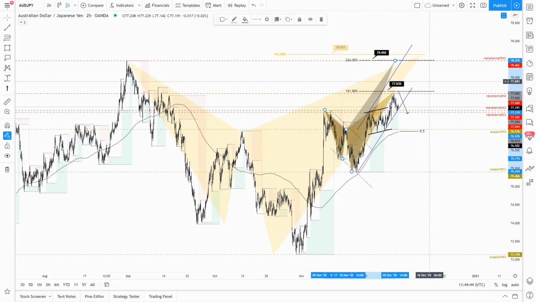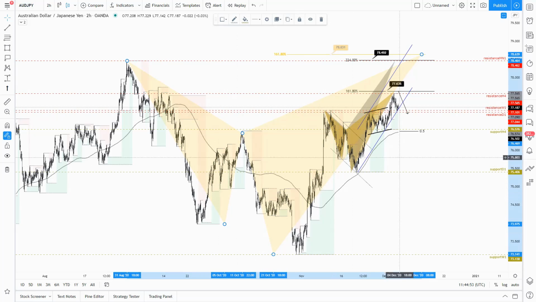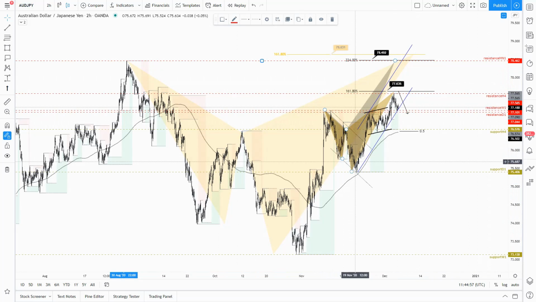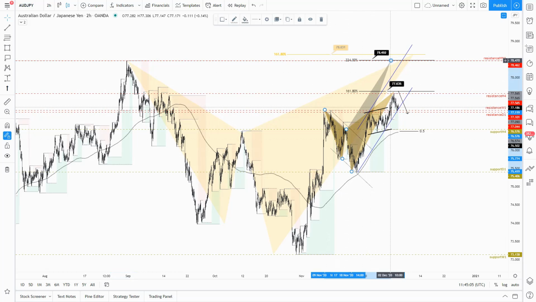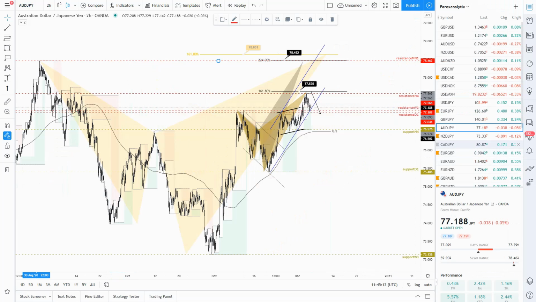So we have two sharks: one of higher degree projected right above the monthly fractal, and one taking into consideration the very last correction and an extension of that correction projected at 224, also nailing that monthly resistance.